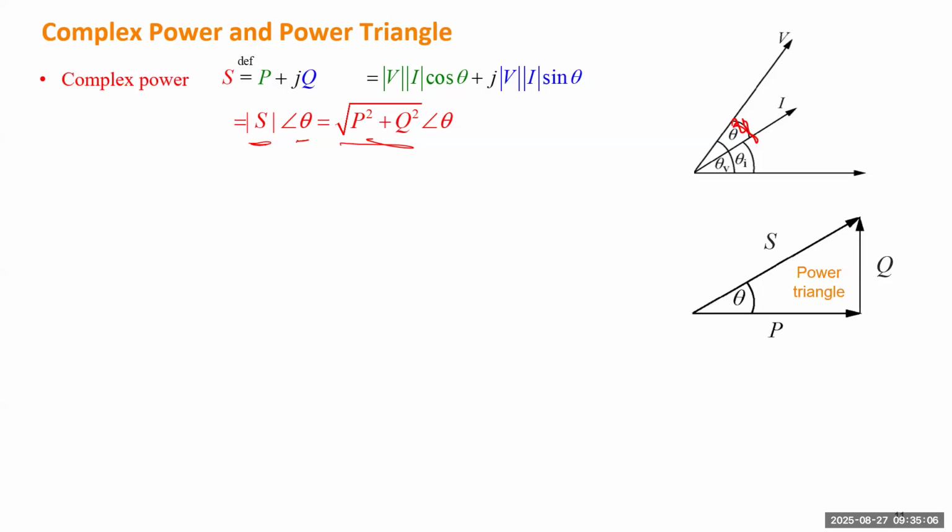And if we draw the complex number in the complex plane, about the real axis and imaginary axis, P will be in the real axis direction, and Q will be parallel with the imaginary axis direction. So the head will be a complex number. That complex number will be whatever you calculated for S. The angle here is the same as the angle between voltage and current. So we call this triangle the power triangle.